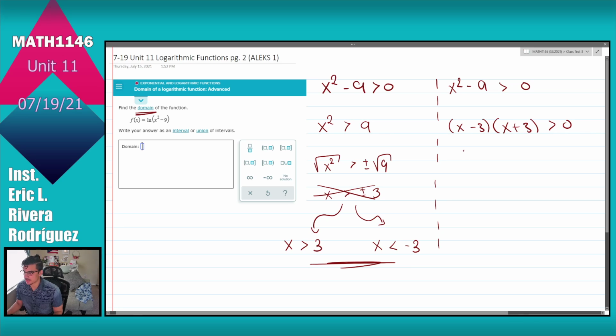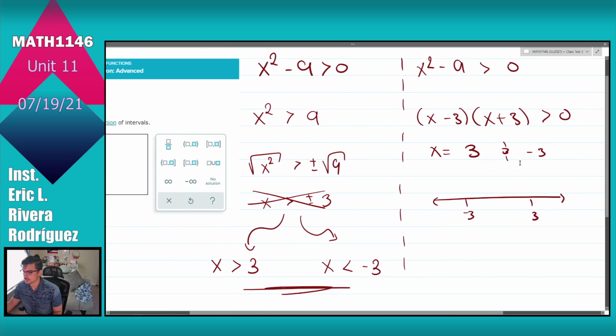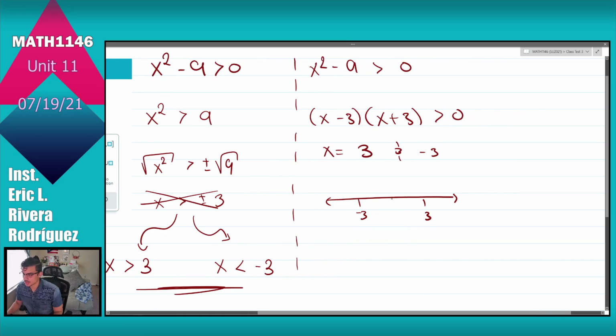So we can identify the zeros. The zeros are 3 and -3. Then we could put those zeros on the number line. We know that the multiplicities of the factors here are odd, so the behavior of the graph at those zeros is that it will cross.